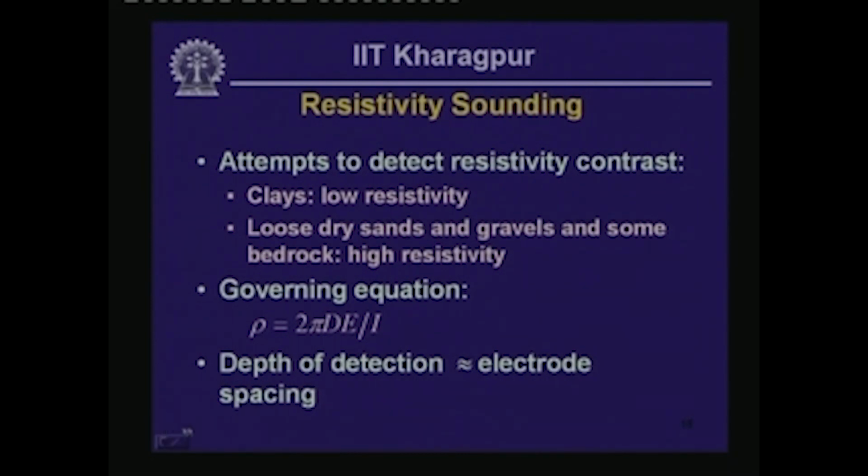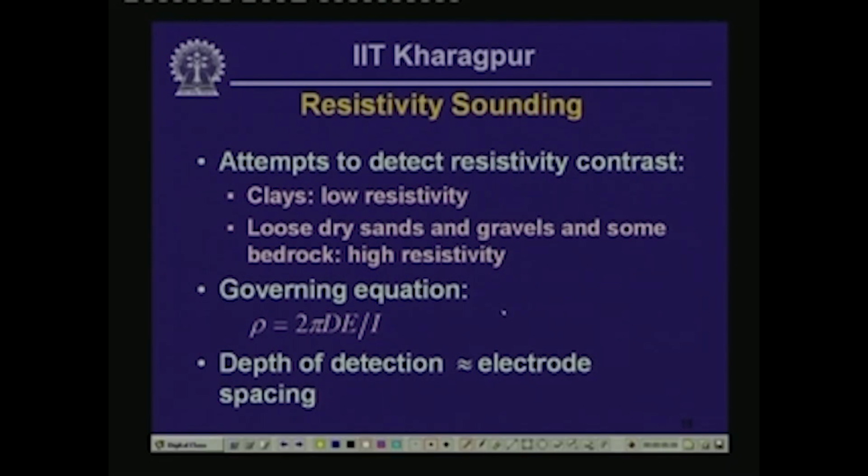In this case typically what is done is, on the ground surface you place two electrodes, let us call them E1 and E2, and then you have got detectors, let us call them D1 and D2.